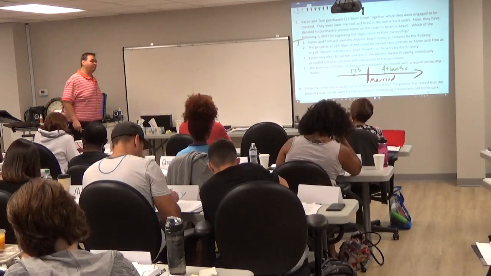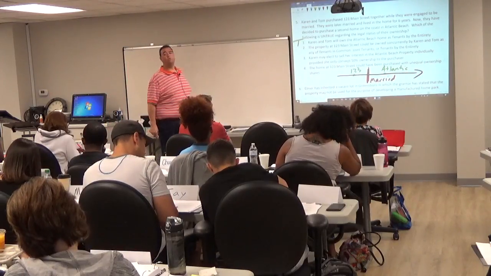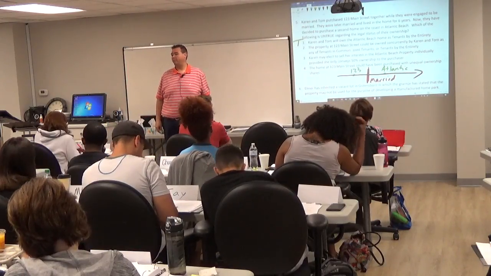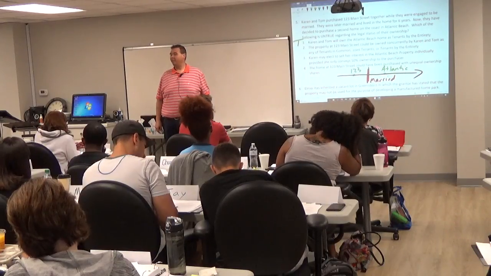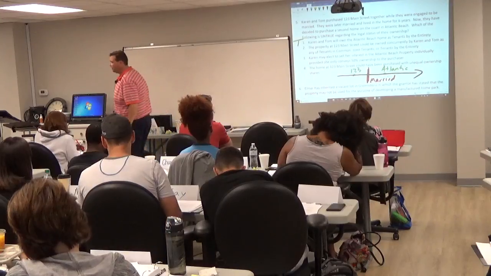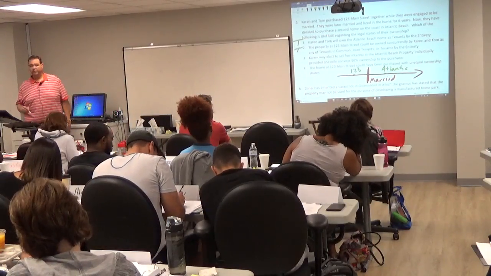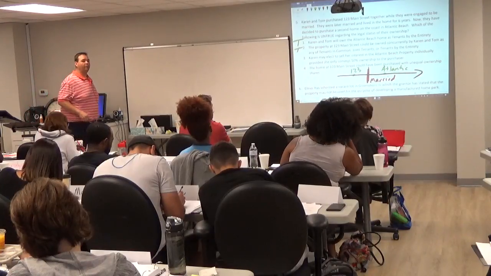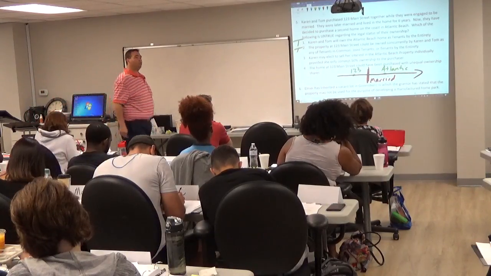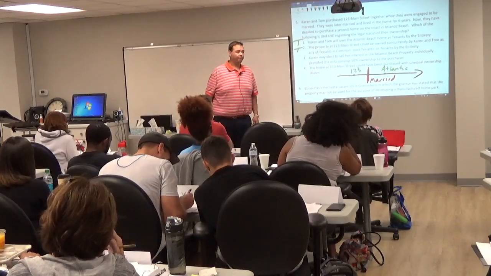Is that a true statement? That is a true statement, because what could they have done if they wanted to? They could have changed it to include tenancy by the entirety. That is also a true statement. They could have been tenants in common, they could have been joint tenants, and they could have, after they were married, done what? Gone back and changed it.